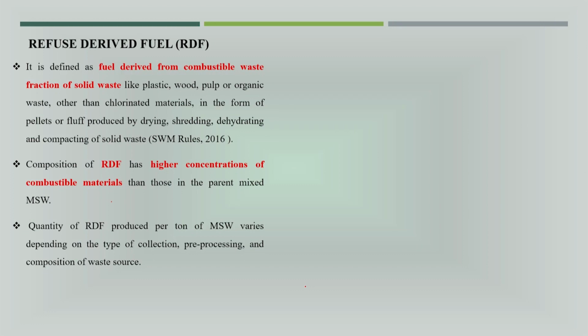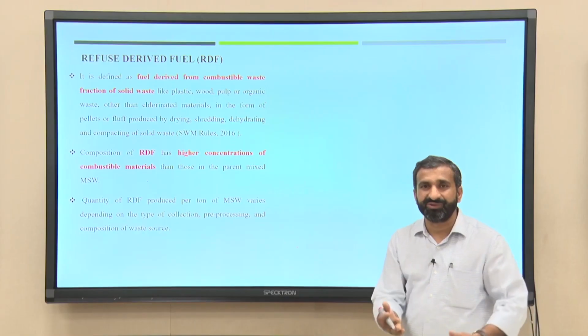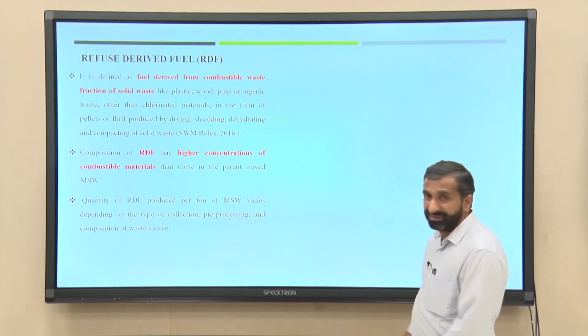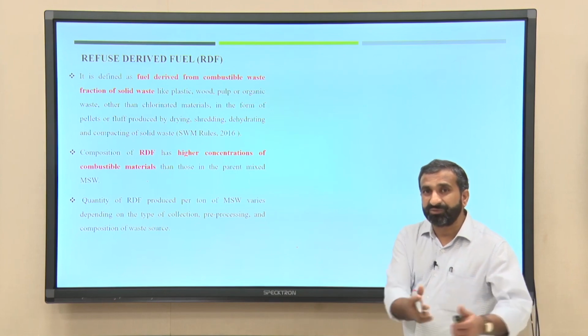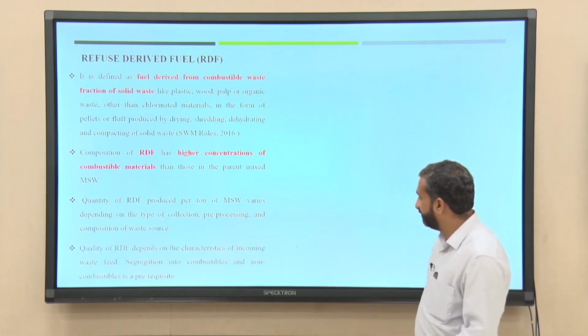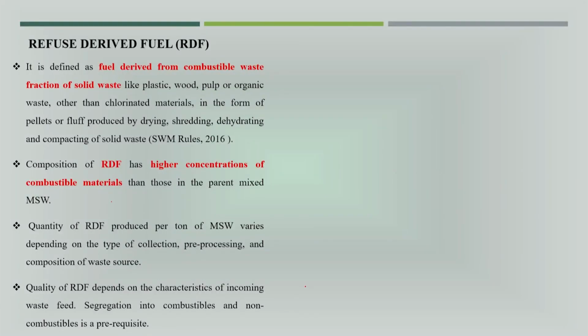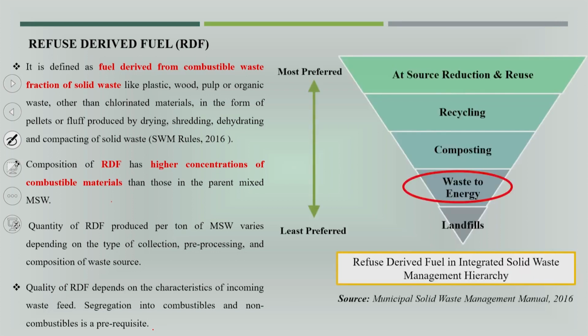It depends on how well we collect the waste and how well we pre-process it for the RDF process. The quantity of RDF depends on the characteristics of the incoming waste feed, and segregation into combustible and non-combustible is a prerequisite. This needs to be understood.